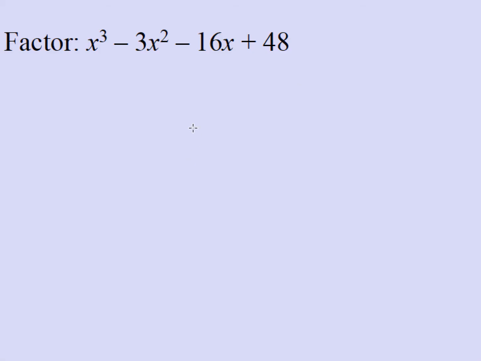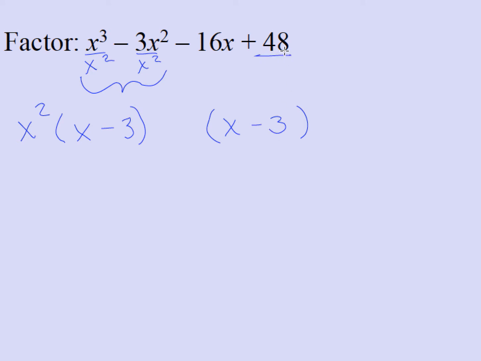Here's another 4 terms. We're going to try factoring by grouping. What do I have that I can take out of here? X squared. This would give me x minus 3. Now remember, I want this to be x minus 3.